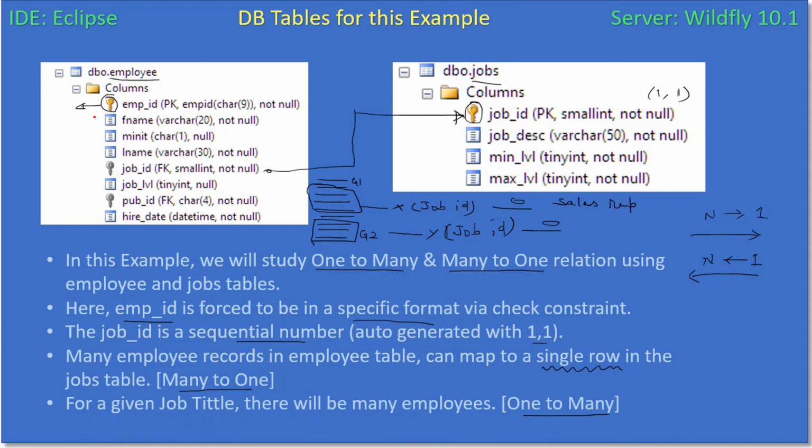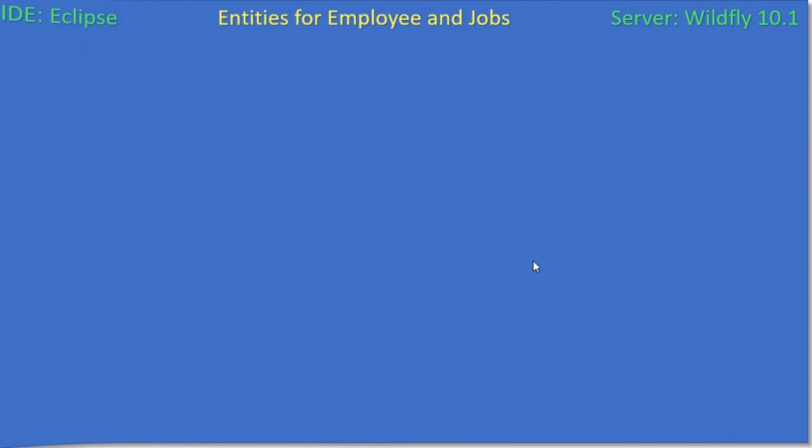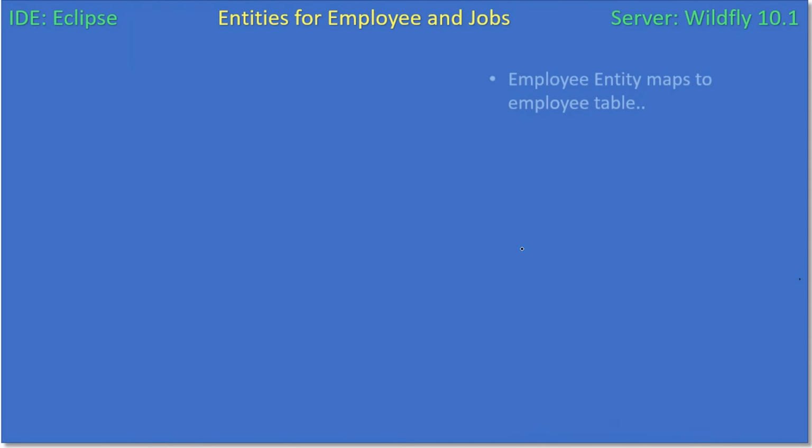In the last video, we talked about these two tables and we will create entities for them, that's for employee as well as jobs. So the employee entity that we will create now maps to the employee table.